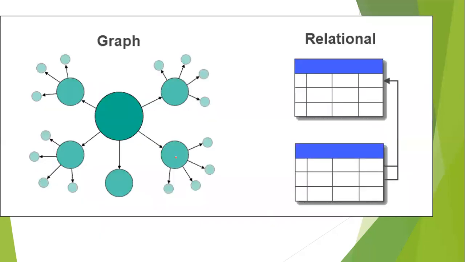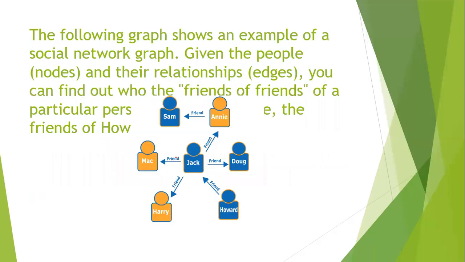Now I'll show you one diagram of a graph database. Look here. This is one node, this is one node, this is one node. All these are different nodes. These nodes are called entities in the relational model. Whereas this arrow, we call it an edge.